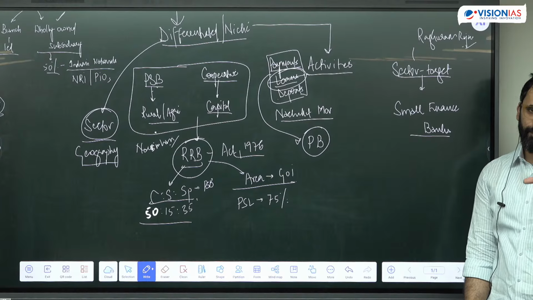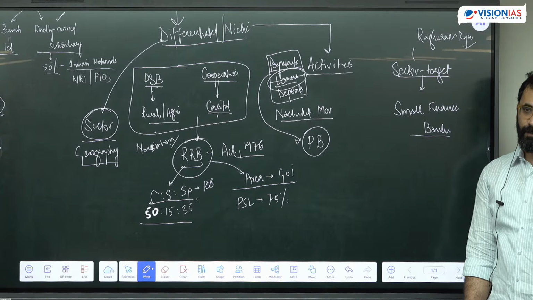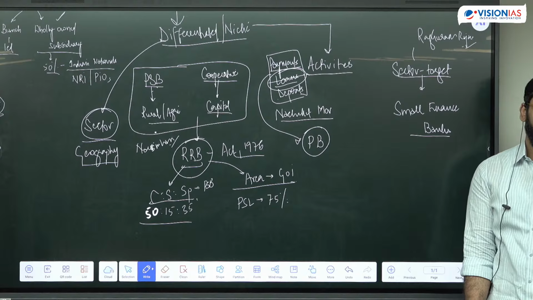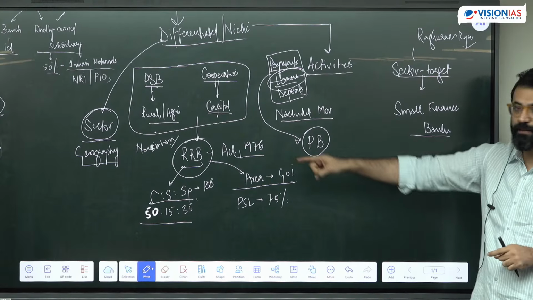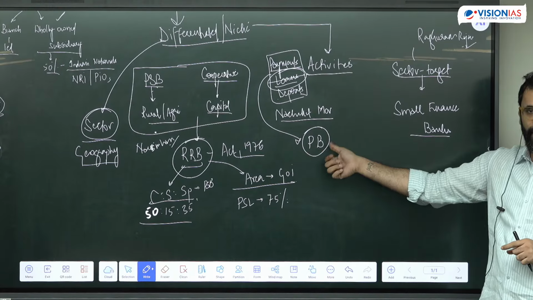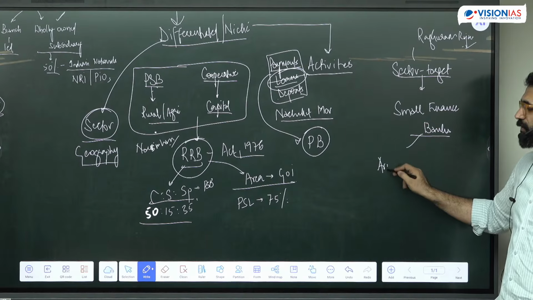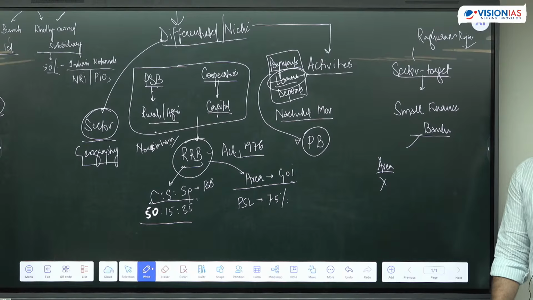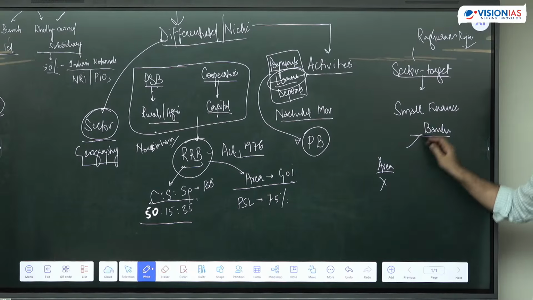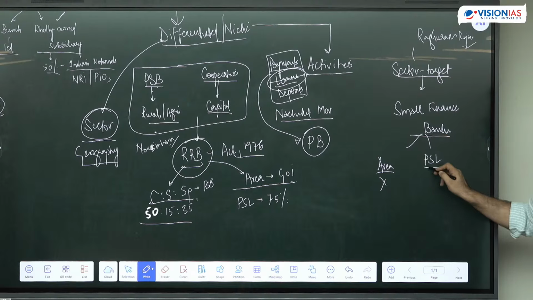So I have three types of full banks: public sector, private sector, and foreign, and three types of differentiated banks. One is called RRB, the other is the payment bank, and the third is the small finance bank. Small finance banks do not have a regulation on area. That does not exist for them. This is the differentiating factor between RRB and small finance bank. But they have to target specific priority sector loans, which last year they converted to 60%.